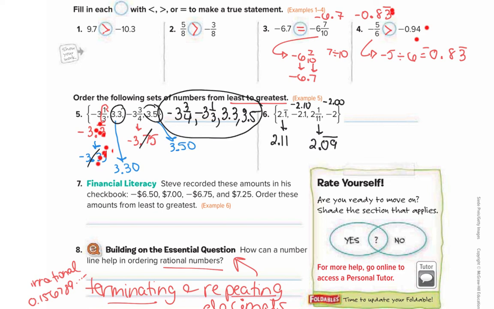So now let's look at the negative numbers first because we want least to greatest. So negative 2.10 is going to be most to the left, so that's the least number. And that was written as negative 2.1 originally in the problem. The next least is going to be negative 2.00, which was originally just negative 2.